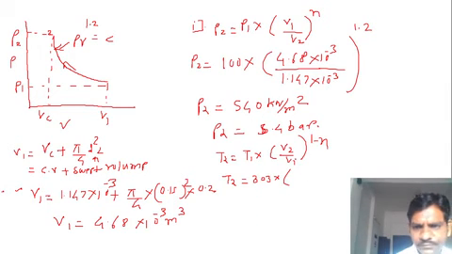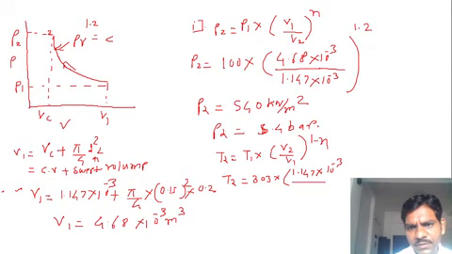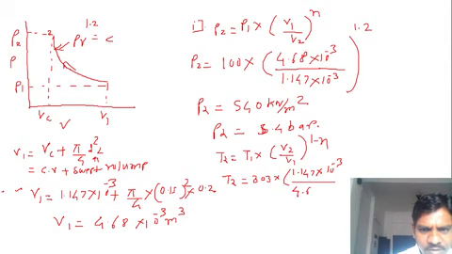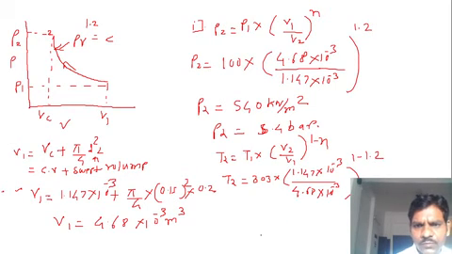V2 is 1.147 into 10 to the power minus 3, divided by V1, which is 4.68 into 10 to the power minus 3, bracket, to the power 1 minus 1.2, right?